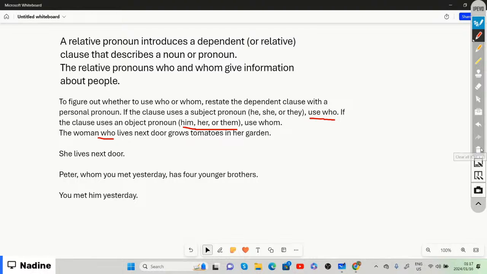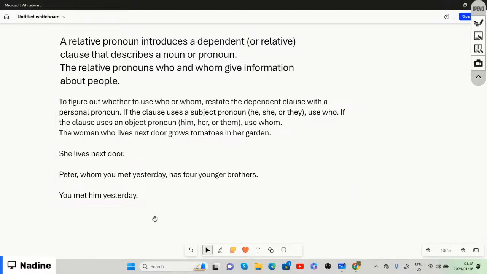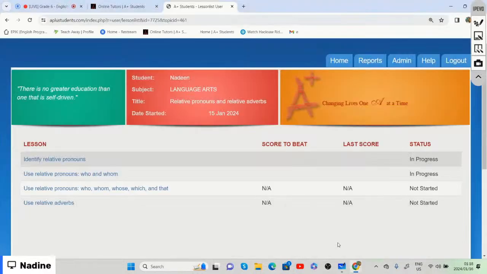All right. And we say that we are doing our tutorial lesson on aplusstudents.ca. And our first lesson on aplusstudents.ca is to identify relative pronouns.